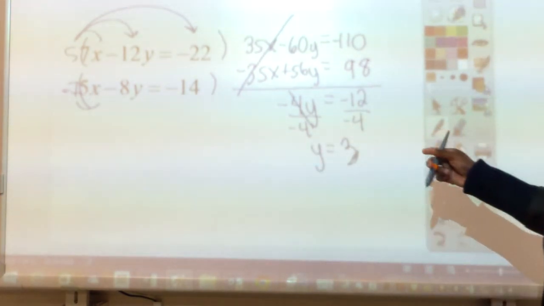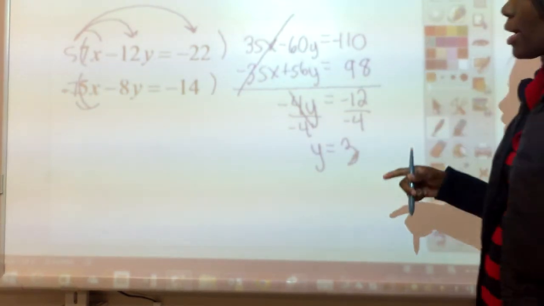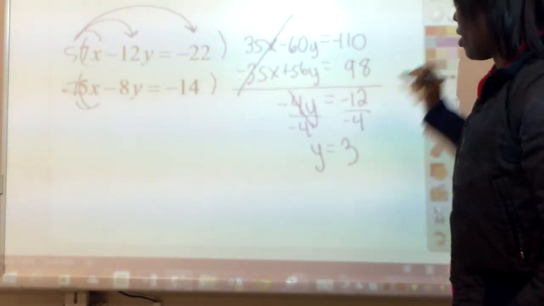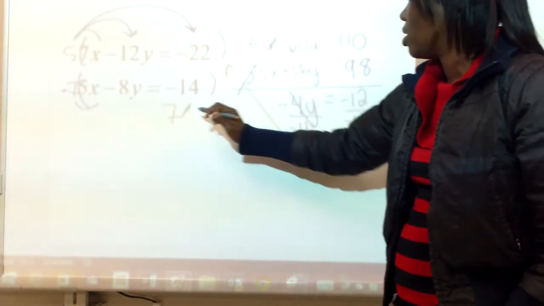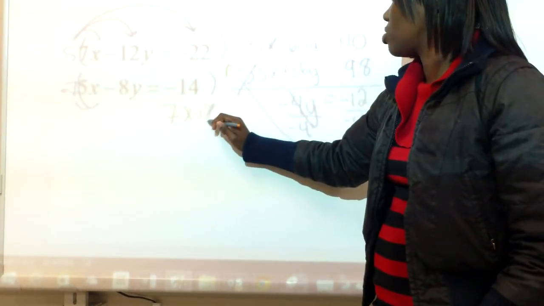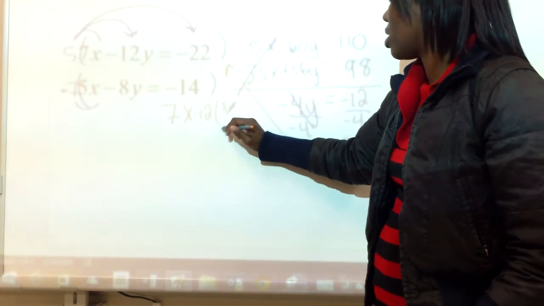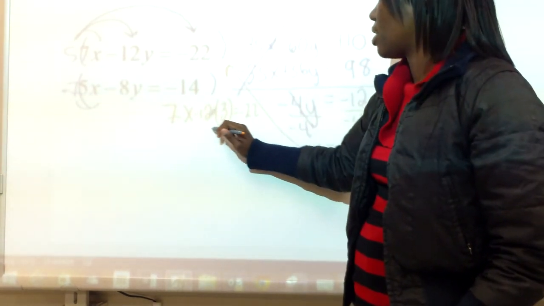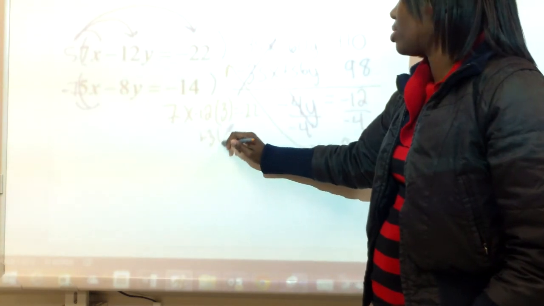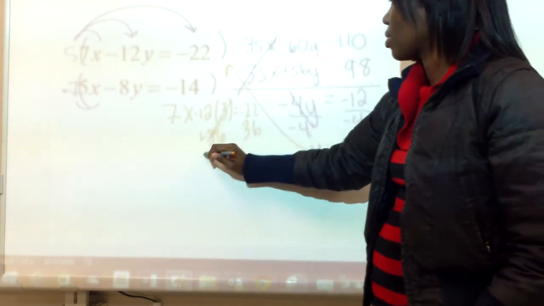Now that we know what our y value is, we can plug it back into the problem. I'll plug it back into the first one. And so we have 7x minus 12 times 3 is equal to negative 22. It's negative 36, so we're going to add 36 to both sides.